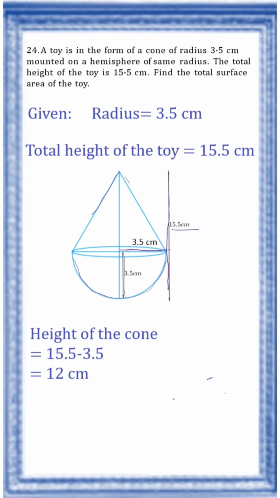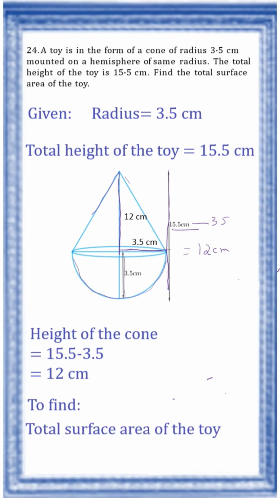Full length minus 3.5, that is equal to 12 centimeter. So height of the cone is 12 centimeter, from here to here. To find the total surface area of the toy, it is equal to CSA of hemisphere plus CSA of cone.